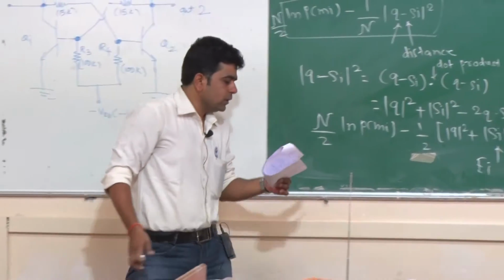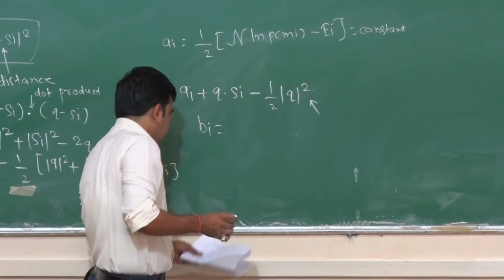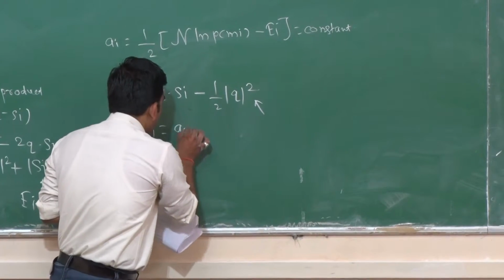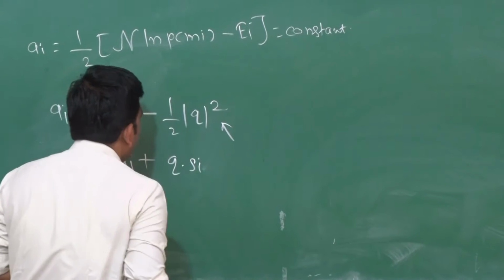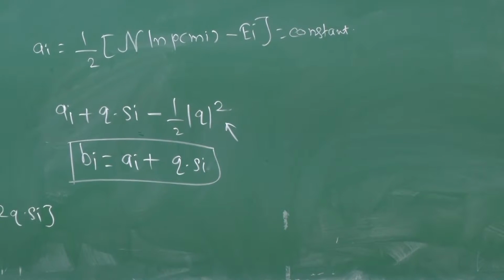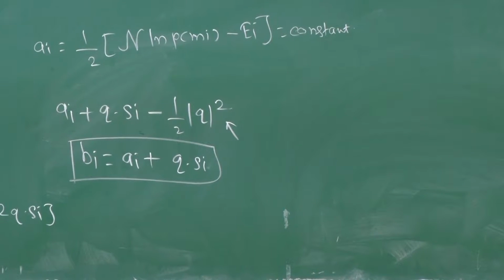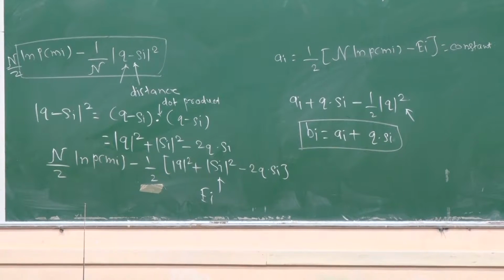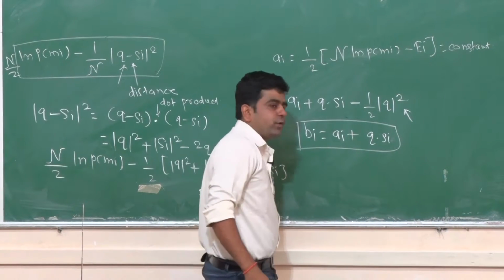So the decision function becomes Bi is equal to AI plus Q into Si. This is your final decision, that is Bi is equal to AI plus Q into Si.